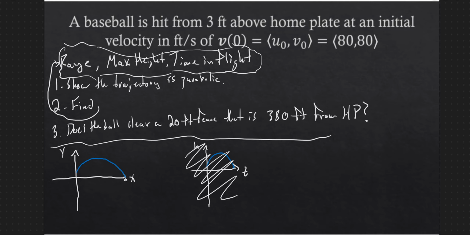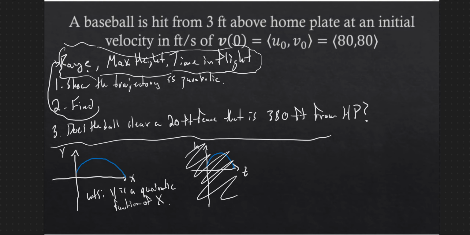Well, what does parabolic mean? That means it's a quadratic function of x. So I want to show, let's say WTS, want to show that y is a quadratic function of x.